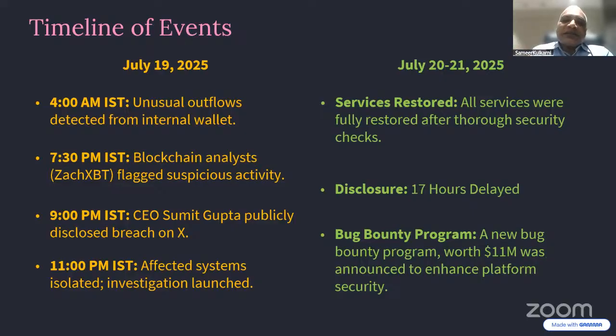Please mark these events very clearly, because for all the investors or all the financial people who are involved in cryptocurrencies, investment or legal aspects, these are the pointers which you should know: disclosure, bug bounty program, what are the services, what are the technical activities, what happened, how it was plugged. If we can see there is predominant action taken on all these fronts, then you can go on investing.